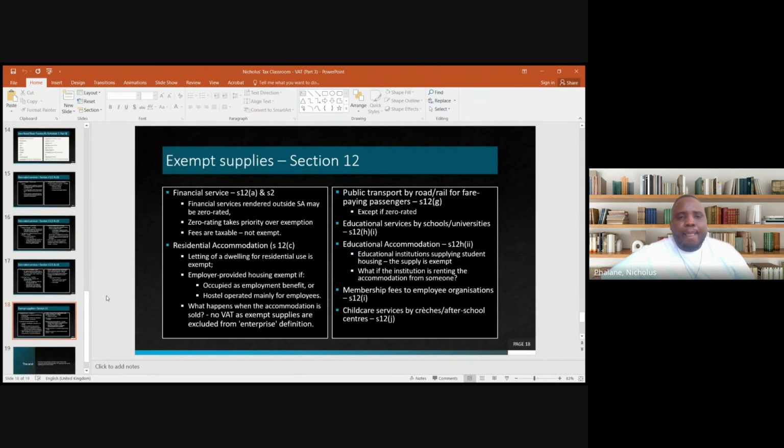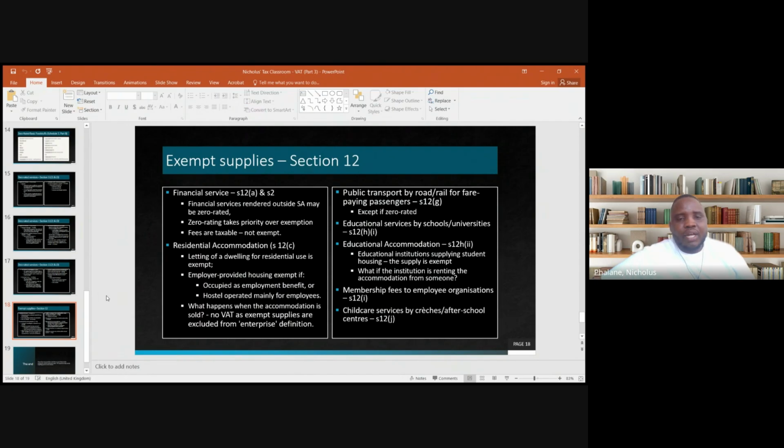Then financial services. So we are going into exempt supplies now. We're done with zero rated supplies. The first thing on your exempt supplies is your financial services. Remember when we were looking at definitions in the previous session, we spoke about financial services, and I did mention then that financial services are exempt. So here is the confirmation.